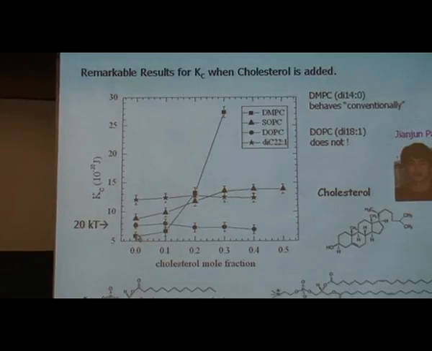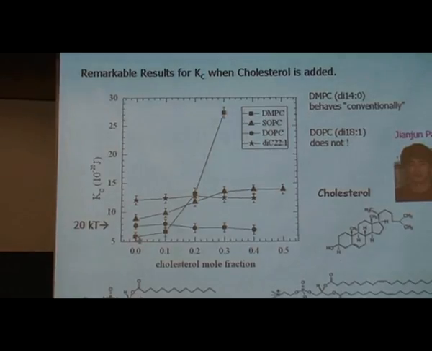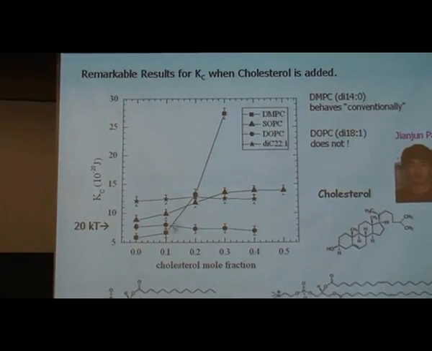Here's 5 right here. As I add the cholesterol, it gets stiffer and stiffer, and much stiffer even at only 30% cholesterol. Body cholesterol contents go up to 50%, depending upon which membrane you're looking at. So that's the conventional behavior that everybody thought about.